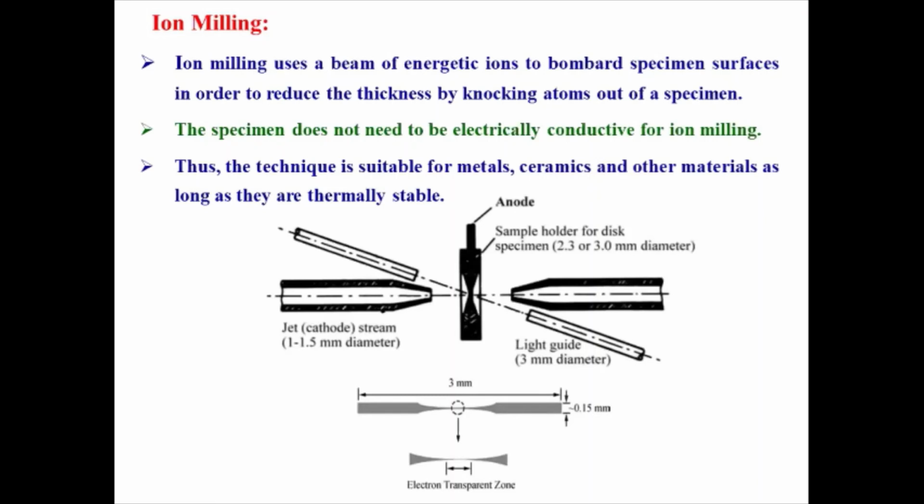If there are no Lorentz lenses available with the system, and if you deliberately give false information that this is not a magnetic material, and you can image it.